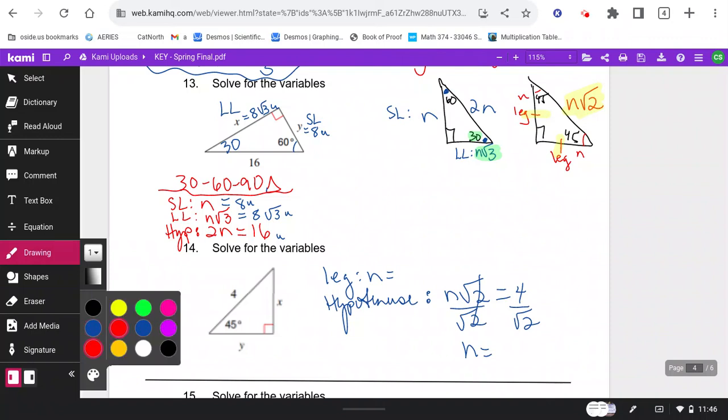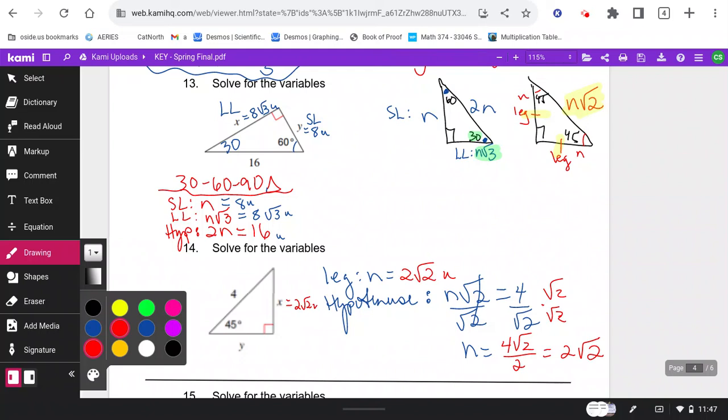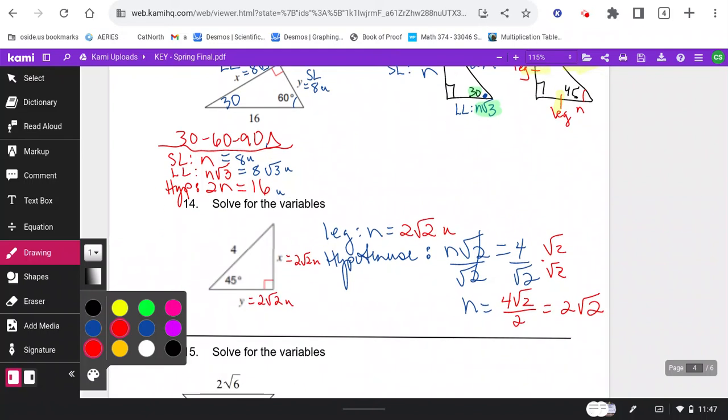I can't just leave root 2 on the bottom, so I need to rationalize the denominator and do root 2 over root 2. On the top, we get that, and on the bottom, that, which just reduces down to that. All this was my work for n, and that's u for units. So this is 2 root 2, and this is 2 root 2, u for units.